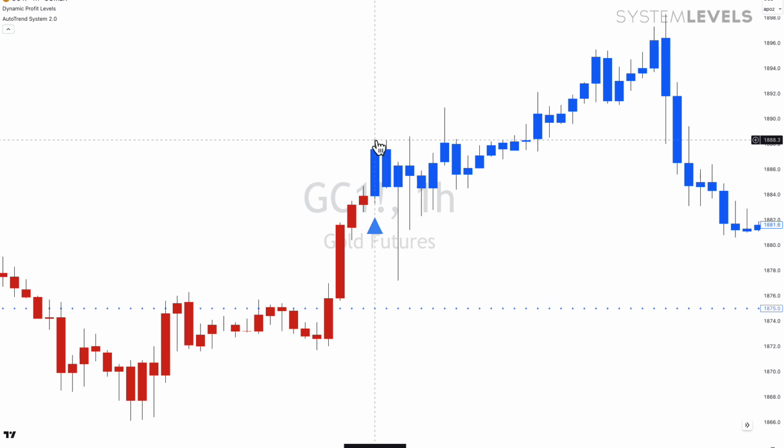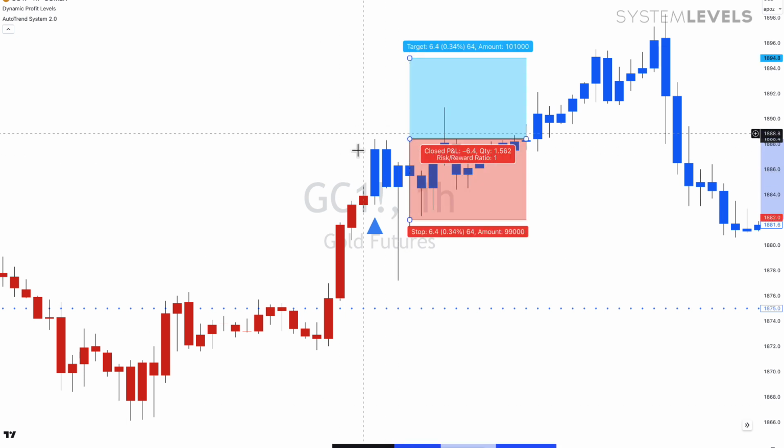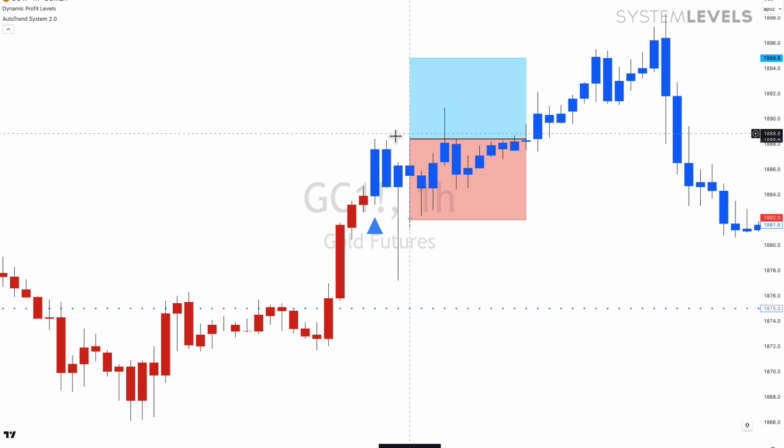As you can see here, the high of the signal bar is not broken until 1 to 3 hours later from this candlestick, right? So at that point, our trade idea is confirmed, and we can go ahead and place a buy trade on gold futures here, right? So that's our entry.